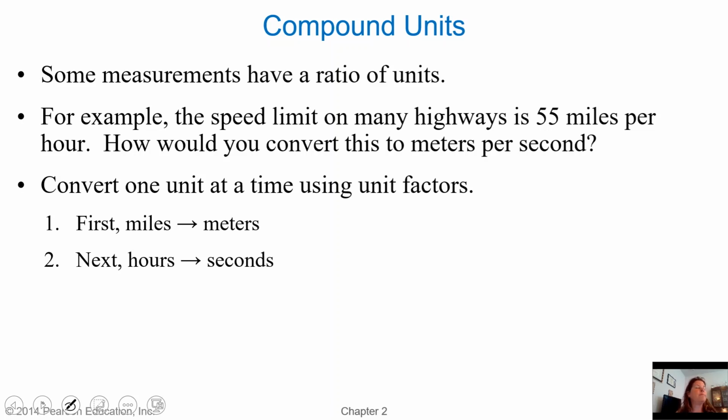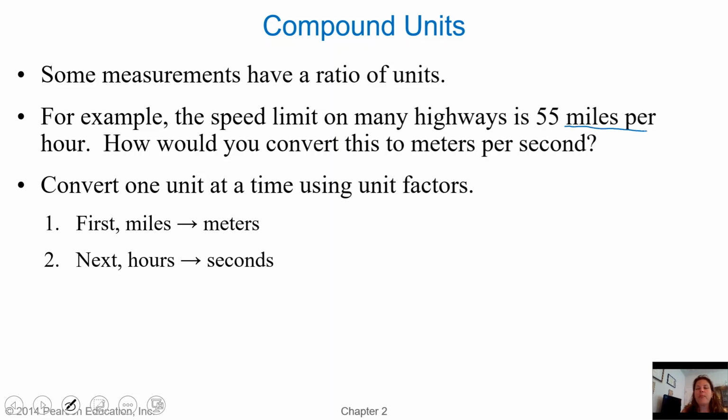What's another one that you would see in your everyday life? If you have a job, the dollars per hour that you earn. In chemistry, we see it in density. We see it in different constants that we're going to be using, like the ideal gas law constant. We're going to see it in volumes, and in lots of other places.